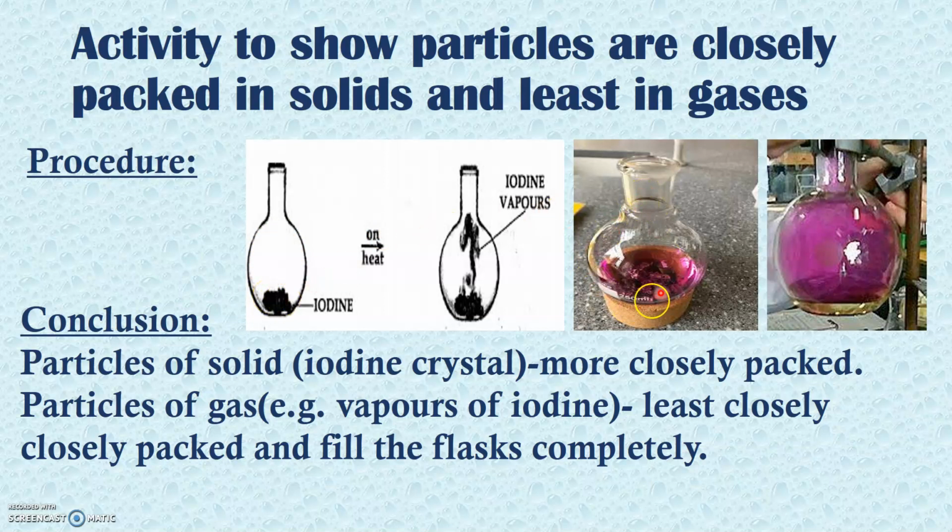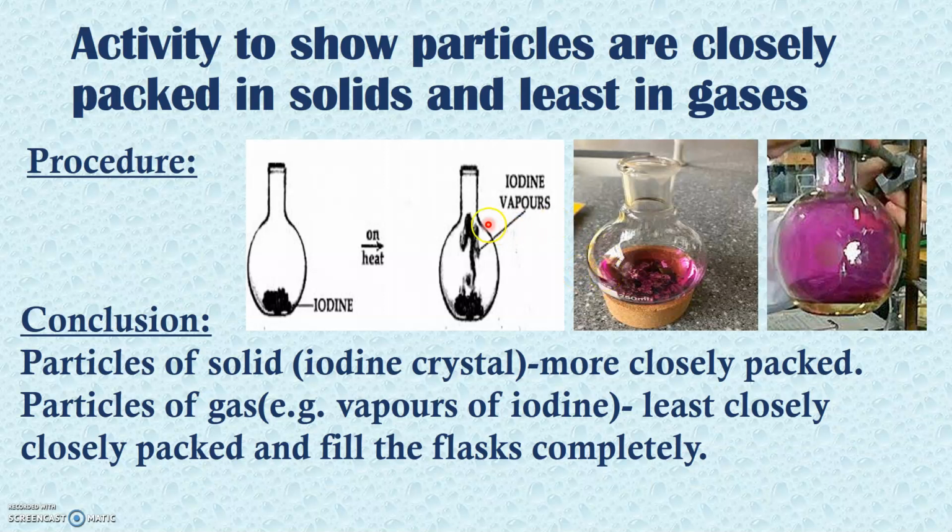This is a round bottom flask and you can see crystals of iodine at the bottom of the flask. Now, we do not know how many particles are there in iodine crystals that is existing in the solid state. Let's take it as a number x.